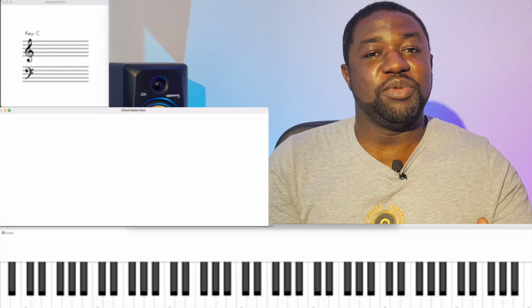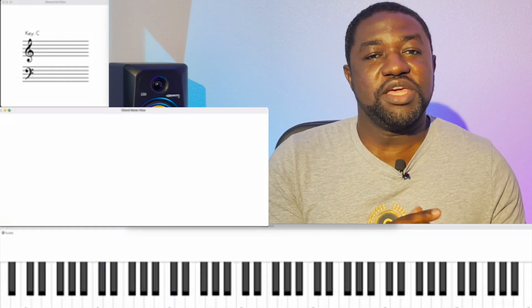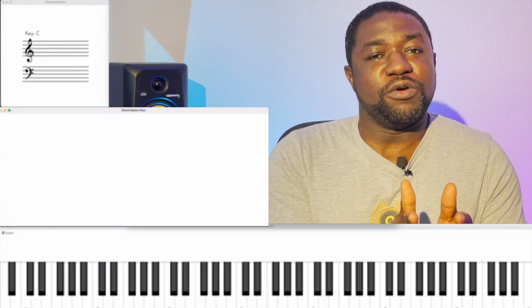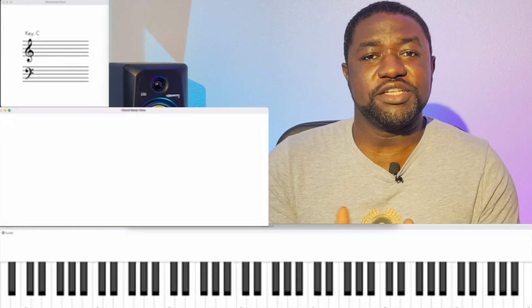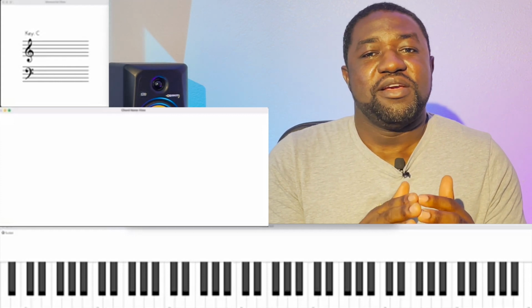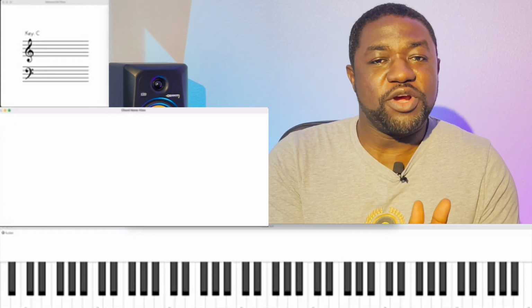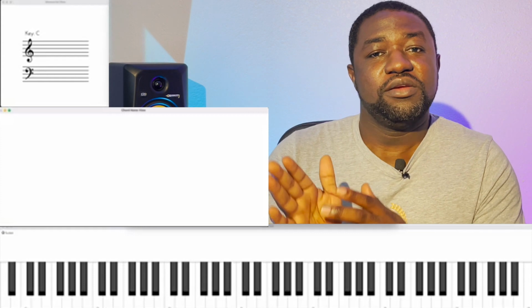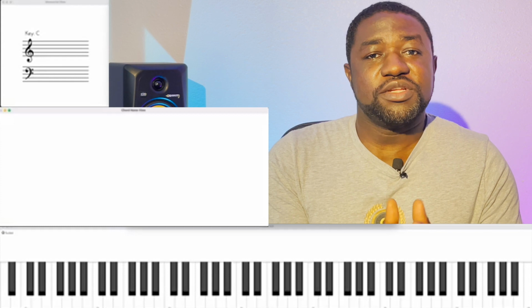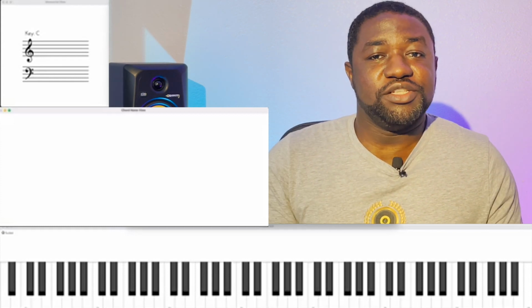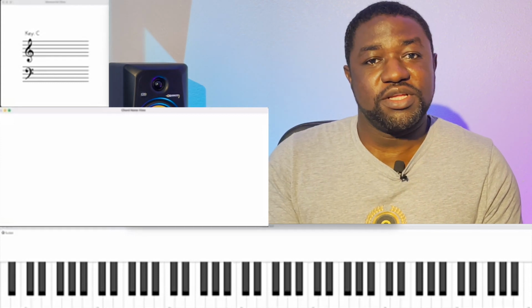Sopranos will never sing below what the altos are singing. All right? So even when the swapping of vocal parts happens in a given piece of music, and we'll soon come across an example of that shortly, or a modulation happens, the sopranos will still take the higher vocal part in that piece of music, because the sopranos have a wider vocal range. Okay, the sopranos are able to hit higher pitches compared to the altos.